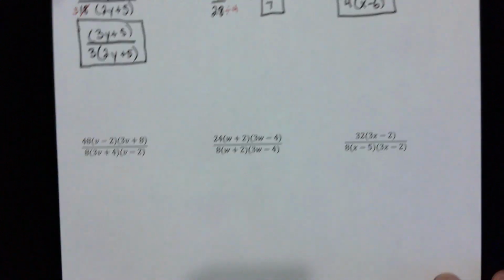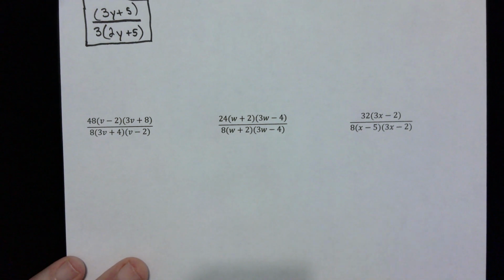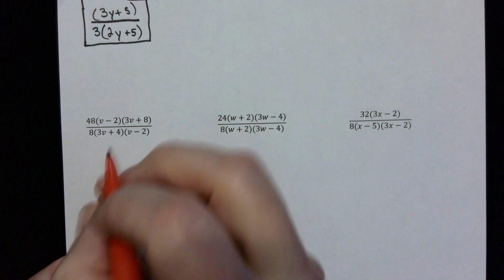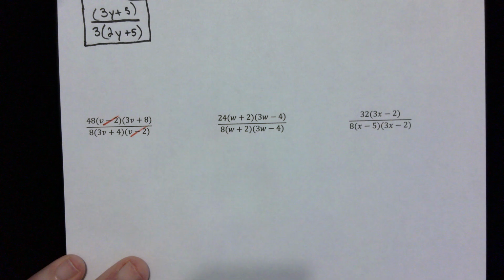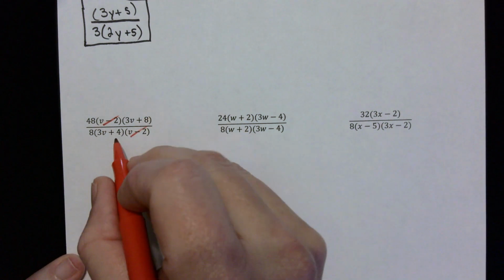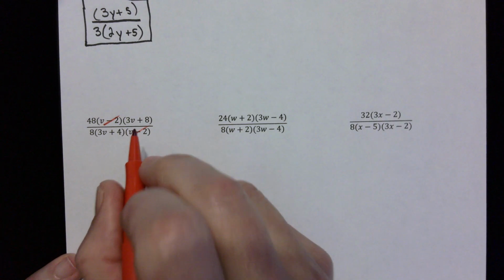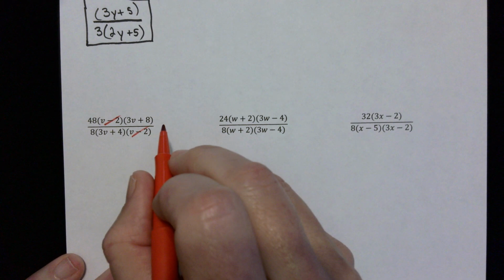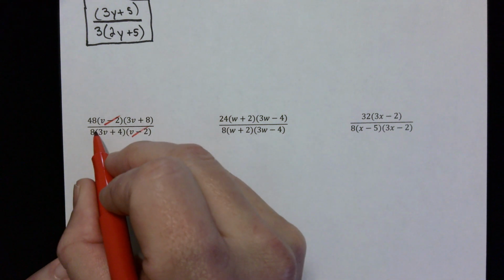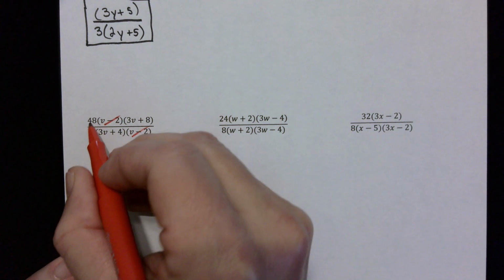Let's look at the next 3 problems. So we have v minus 2. Those are exactly the same. And then we have 3v plus 8 and a 3v plus 4. Man, those are really close to being the same, but they are not exact, so we cannot reduce them. We can reduce the number. What number goes into 8 and 48?